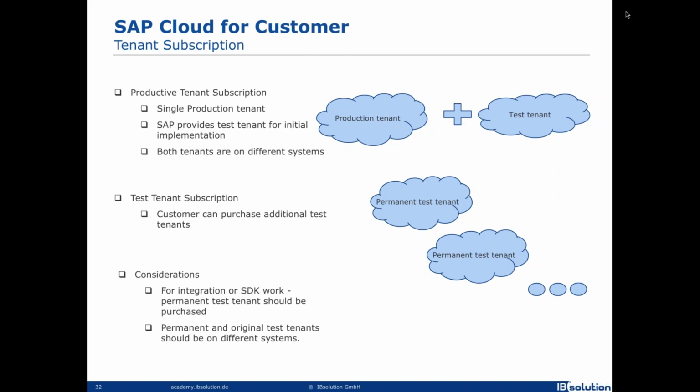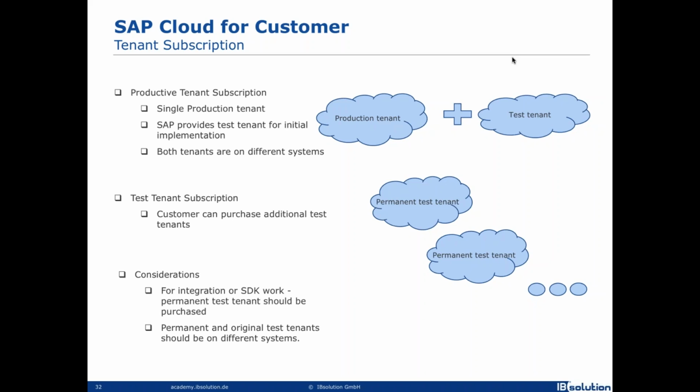Having this in mind, the production tenant and the test tenant will have to reside on different SAP servers, because once again, let me remind you, a test tenant is like a client from a server. It's not the whole server, it's just a client from a server, which means that this server can be shared with different customers. You don't have control over the number of customers which will also be deployed on this system. Basically, on one system you can have 5, 10 different test tenants for different customers. You will not see their data, you will not know that they are deployed on the same system.